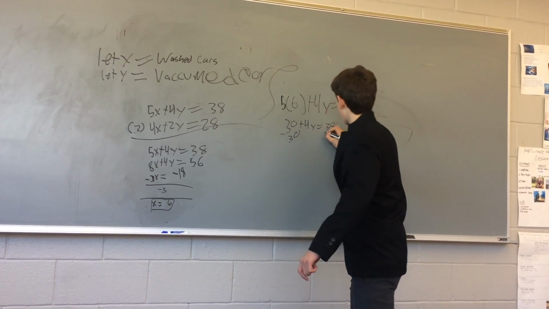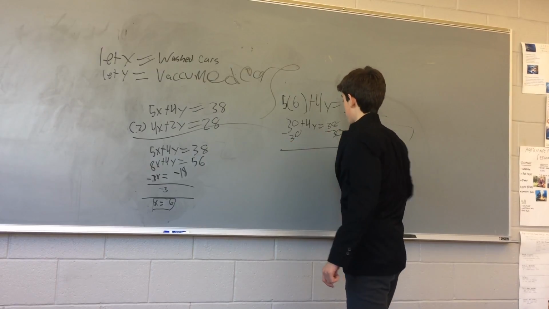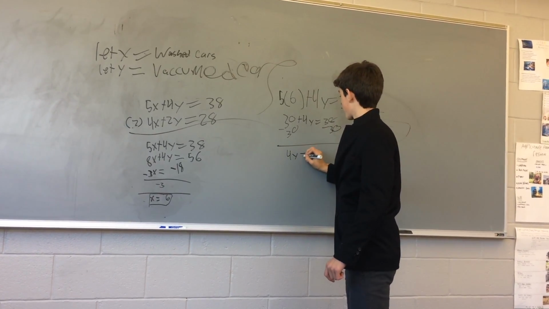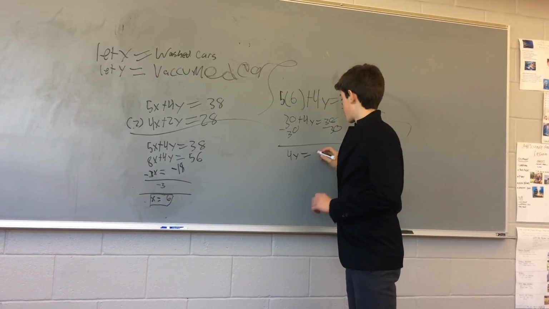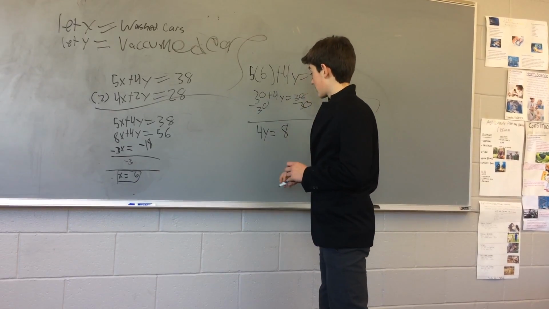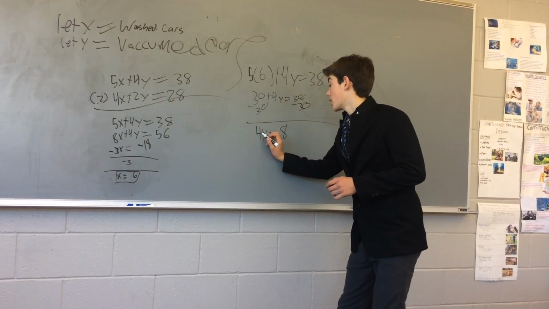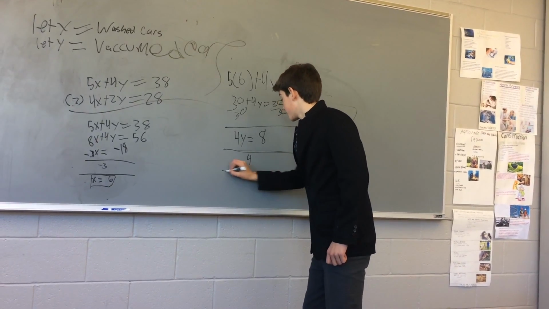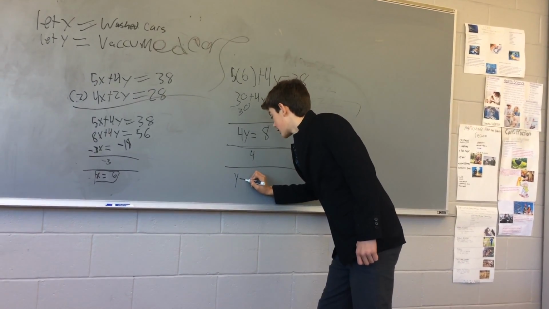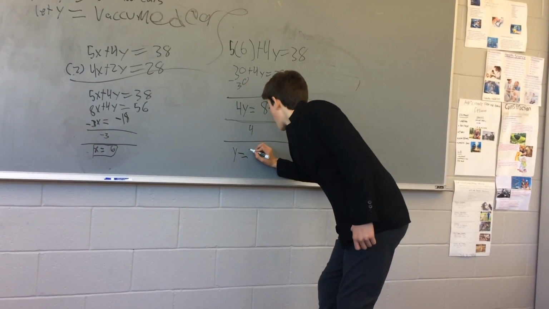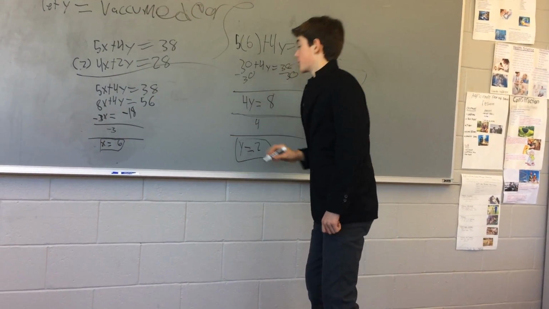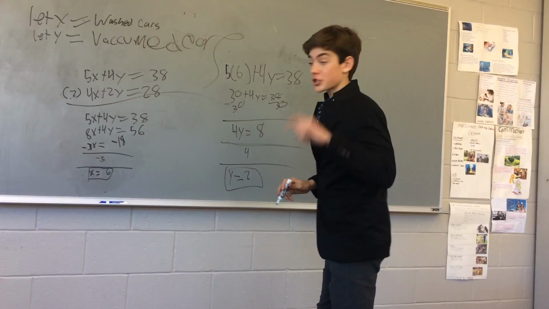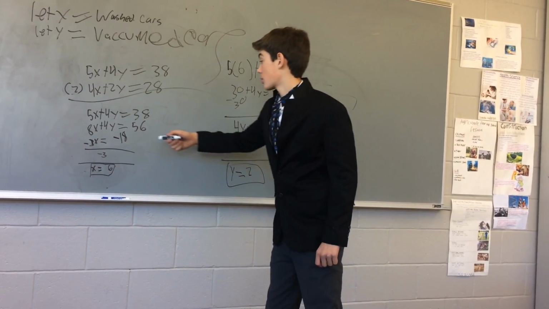Then you subtract 30 from either side. So 4y is equal to 8. Then divide each side by 4. Y equals 8 divided by 4, which is 2.